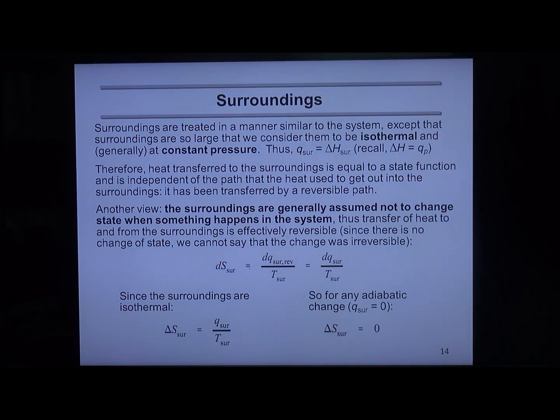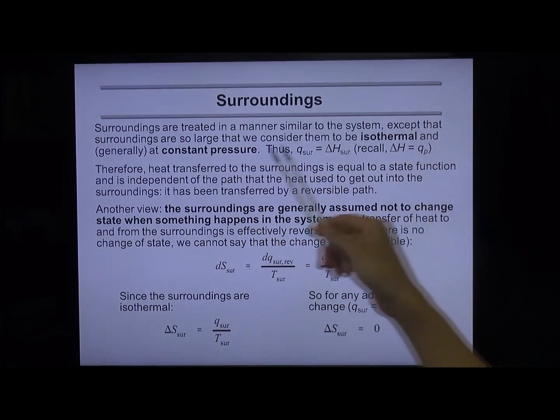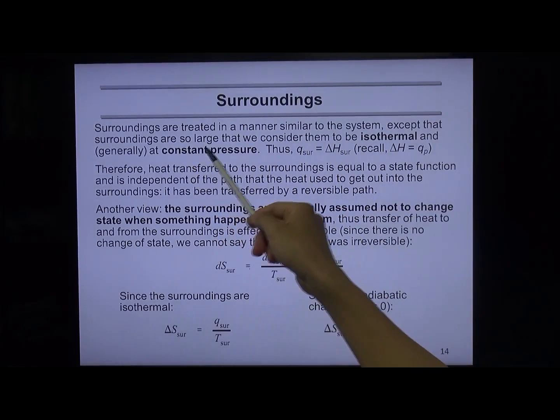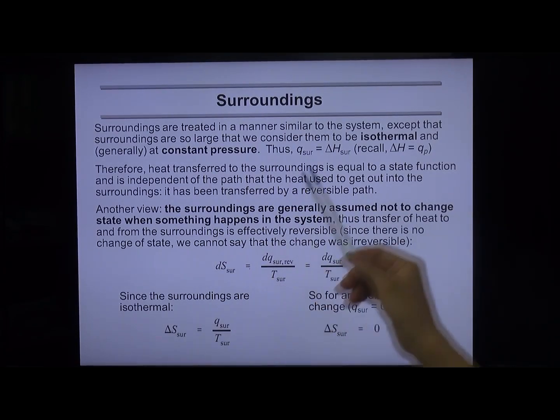But for surroundings, it's a bit easier to calculate the entropy change compared to the system, because surroundings are treated as really large compared to the system. So we can consider them to be isothermal and at constant pressure.